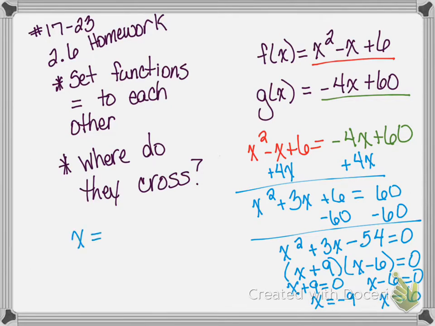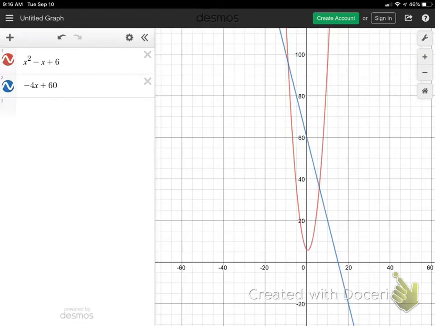So when my x value is negative 9, these two functions are crossing. I'm not talking about the x-axis. I'm talking about their relationship with each other. When my x value is 6, they are also crossing. Okay? So let's look at it. Here's my function. Negative 9 and positive 6? Here is where the two cross.